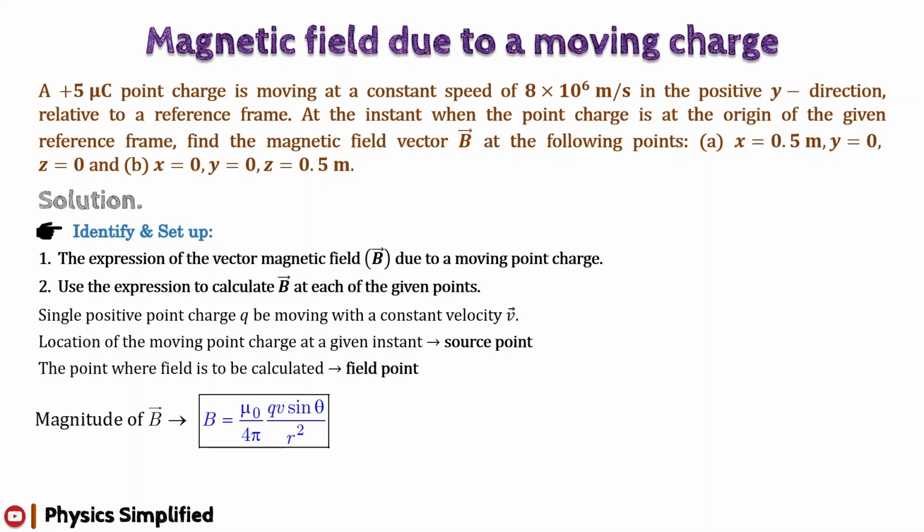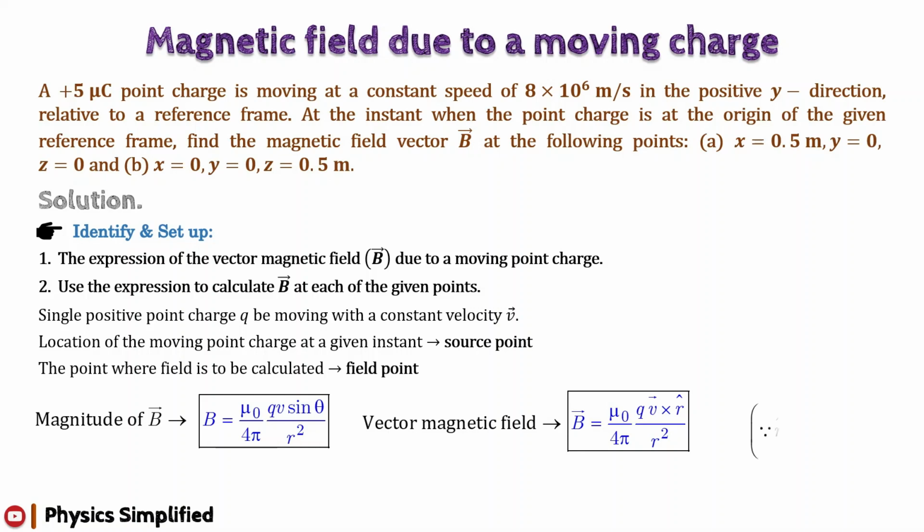The magnitude and direction of the magnetic field can be incorporated into a single equation by using the cross product. So, the magnetic field vector is given by vector B equals μ0 by 4π times q vector v cross r hat divided by r squared. r hat is the unit vector that points from the source point to the field point. This unit vector is equal to the vector r from the source to the field point divided by its magnitude.